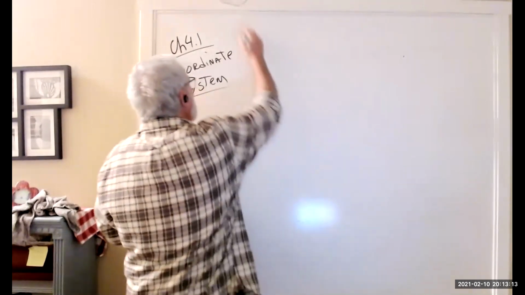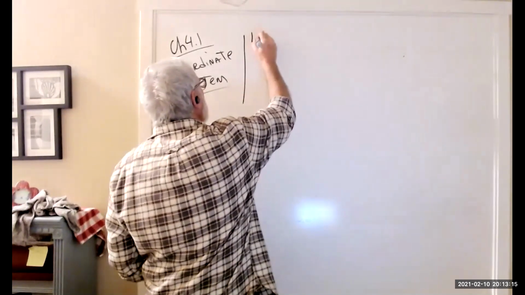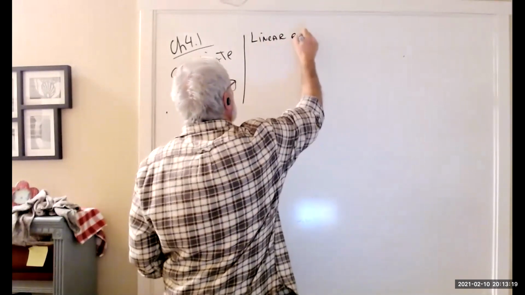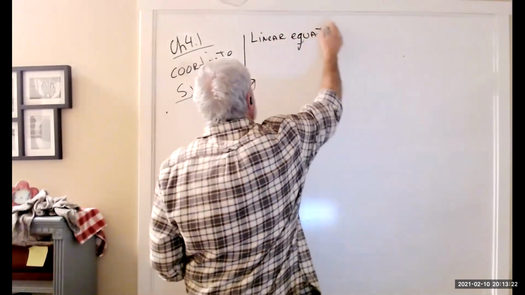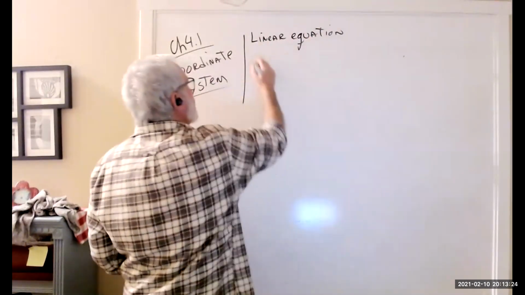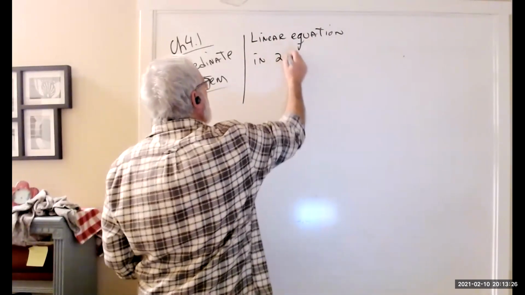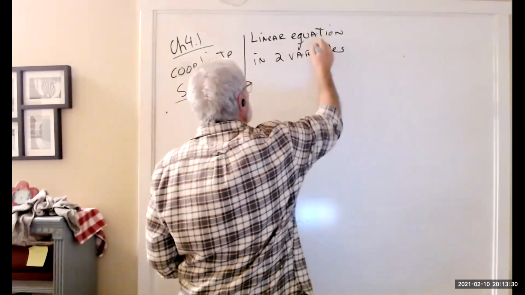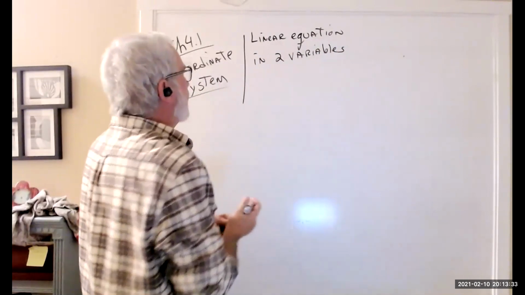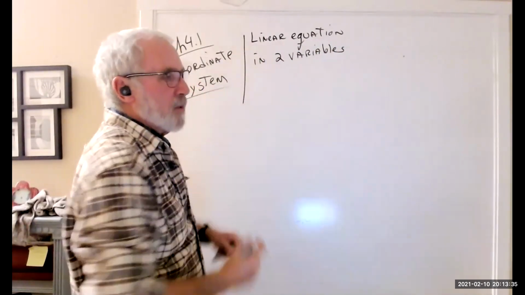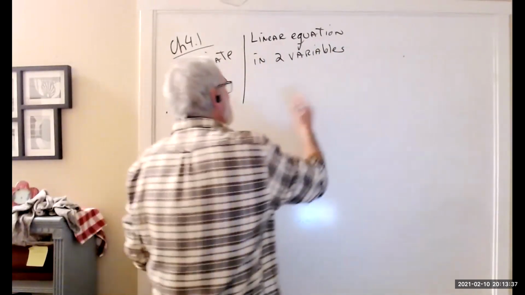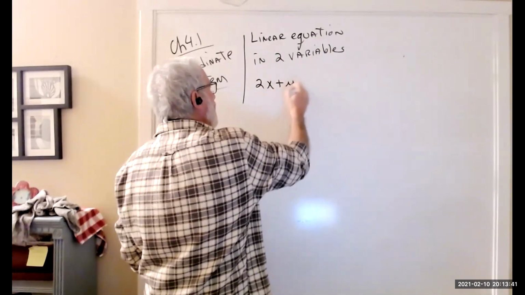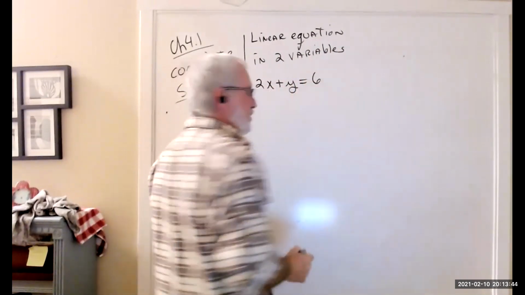Okay. So we're going to talk about something called a linear equation in two variables, or maybe with two variables. An example of that might look like 2x plus y equals 6.